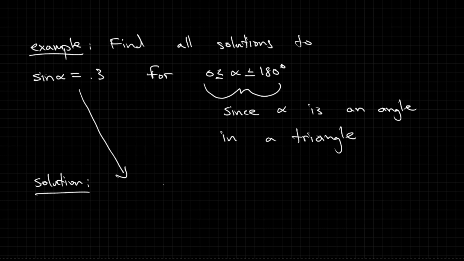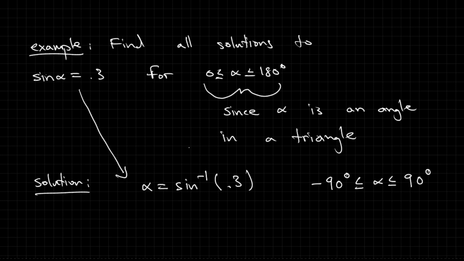If sine alpha is 0.3, then this means that alpha is equal to sine inverse of 0.3. And remember the domain restriction, this alpha is going to be between minus pi over 2 and pi over 2. In terms of degrees, that will be between negative 90 degrees and positive 90 degrees.